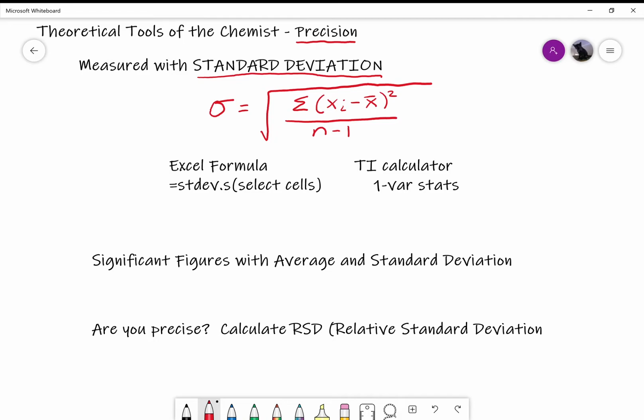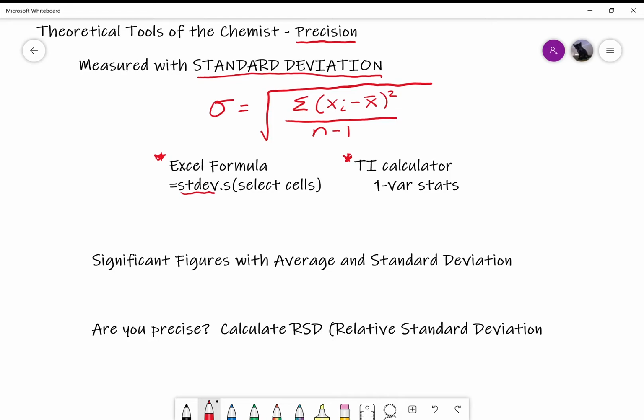The good news is both Excel and your TI calculators, if you have a graphing calculator, will do it for you. So the Excel formula is stdev.s, or if you don't have that option, just stdev. And then you select the cells, and it'll do it for you.